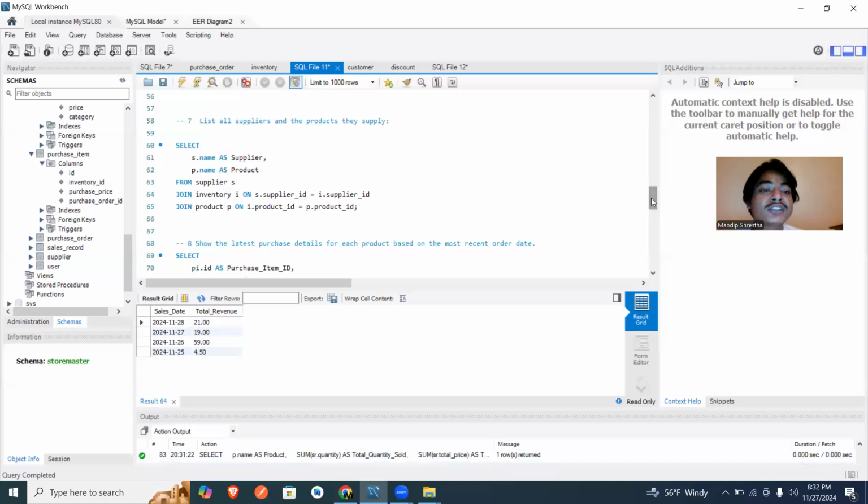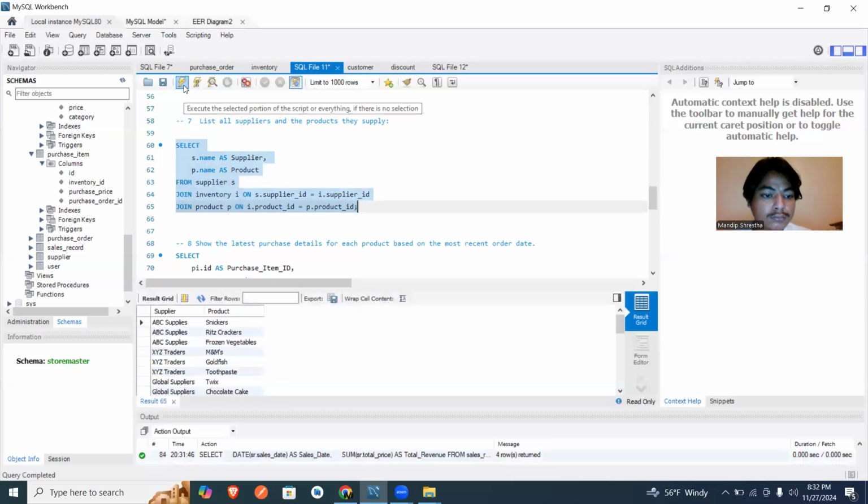And my seventh functionality lists all the suppliers and the products they supply. You can see over here, ABC Suppliers supplies Snickers, Ritz crackers, frozen vegetables.